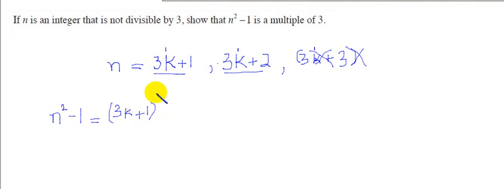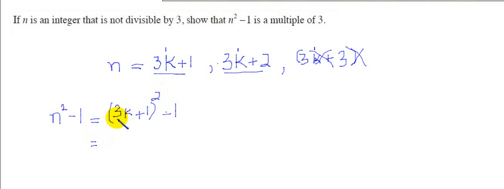So by squaring it, and then minus 1, let's simplify it and see what we get.